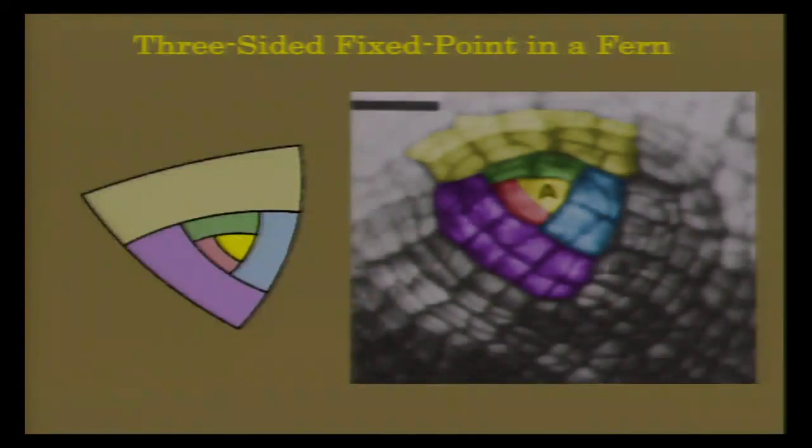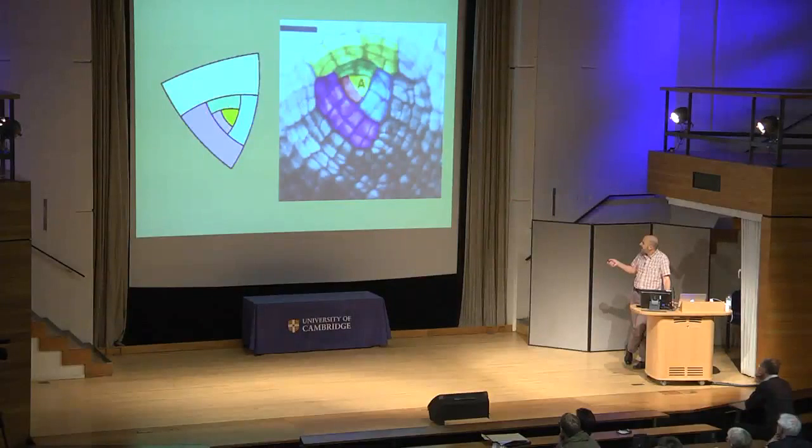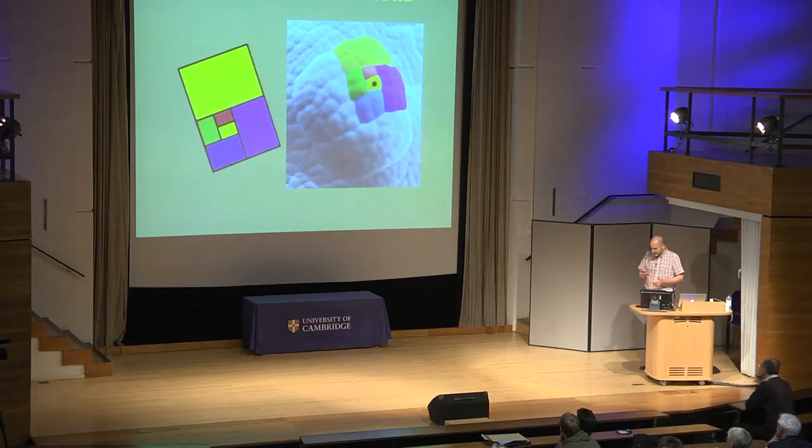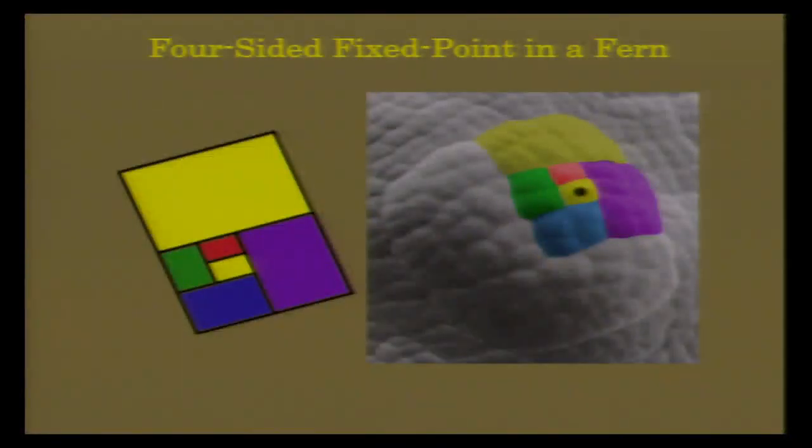The triangular fixed point is in fact all over the place in the biology literature. This is a fern. They have this three-sided apical cell, and you see quite nicely the whole sequence of divisions that it has undergone in the past, and it fits quite nicely with the fixed point that we predict. And even the rectangular cell, there are plants that are more square in their way of growing, and here it is. This is the apical cell, and you see little packets of cells that have maintained this geometry or relationship that you see here.